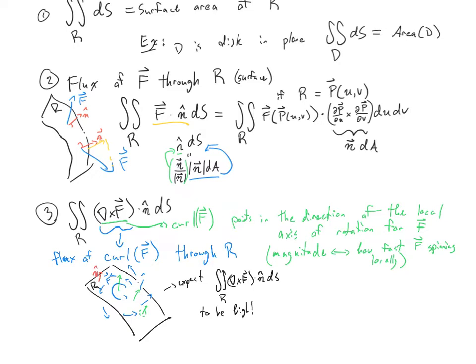A picture where it's low would look something like this. You'd have a vector field that's doing a similar kind of spinny thing, but the surface we look at has to be oriented differently. I'm going to get a little more impressionistic with my drawings.